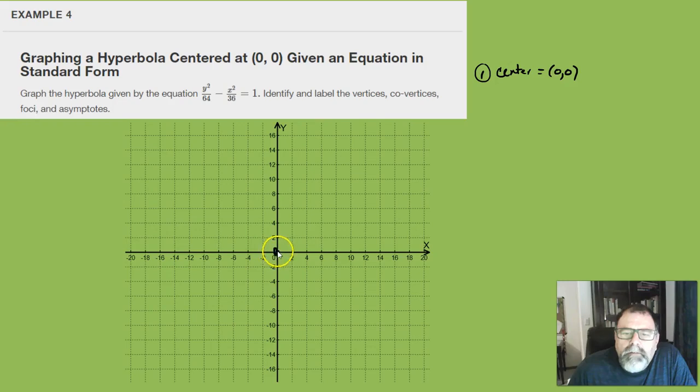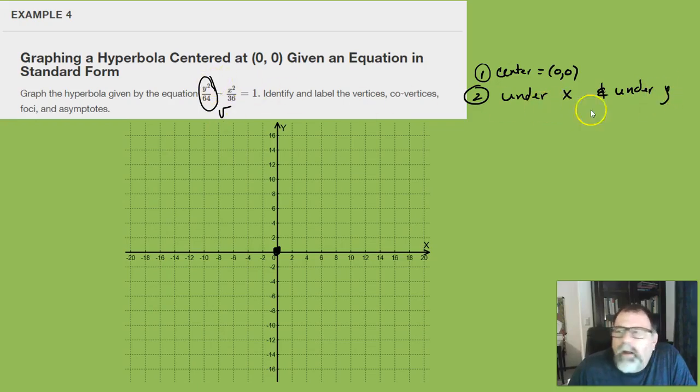So 0, 0. Then I do like I did with the ellipse, under the y, under the x.